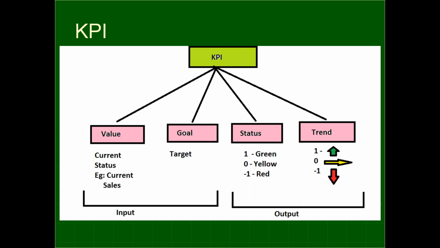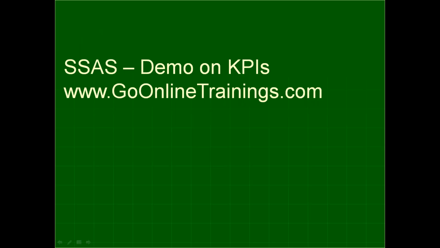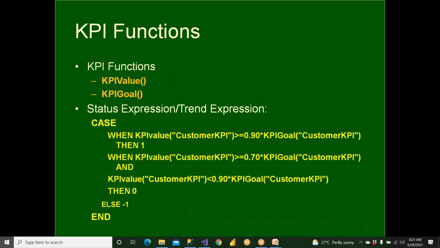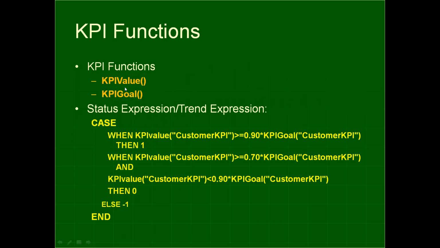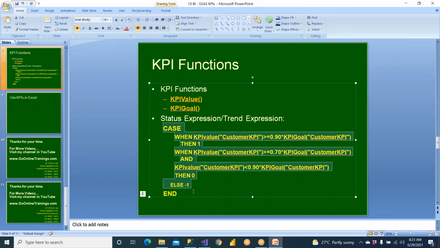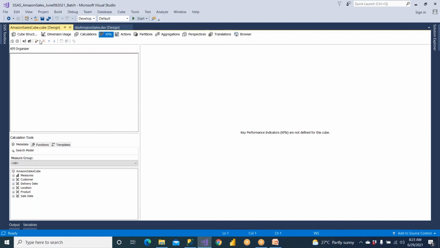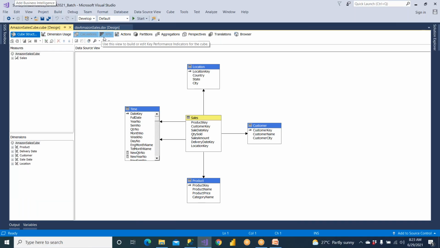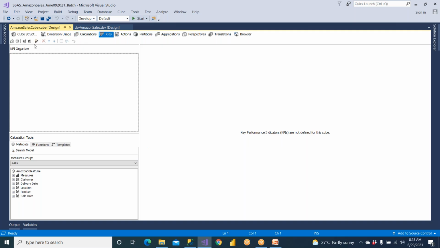So we're going to be creating the KPIs there. Let me create one KPI and show you. We are going to be using two functions, KPI value and KPI goal. Clear? So I wanted to create a new KPI using this case statement. Let me go quickly to the cube structure and click on KPIs, and I wanted to create a KPI.